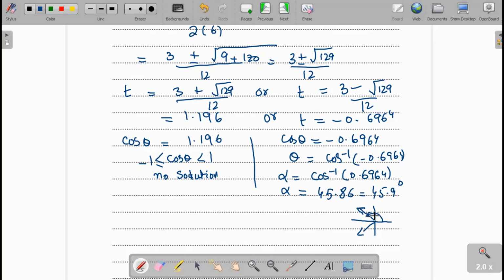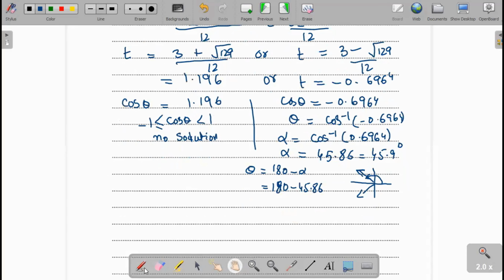In the second quadrant, theta will be equal to 180 minus alpha, that is equal to 180 minus 45.86 degrees. And in the third quadrant, theta will be equal to 180 plus alpha.